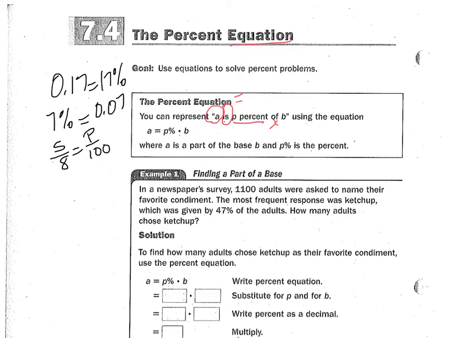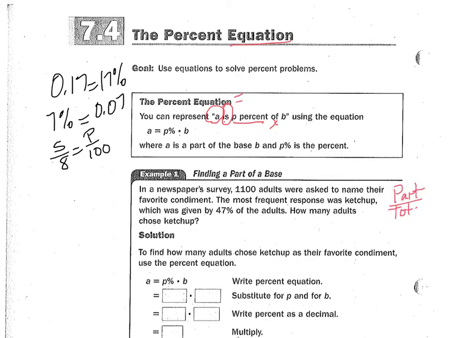For example, look at the first problem. In a newspaper survey, 1,100 adults were asked to name their favorite condiment. The most frequent response was ketchup, which was given by 47% of the adults. How many adults chose ketchup? Well, I'm going to tell you a couple different ways. Remember, part over total equals percent over 100.